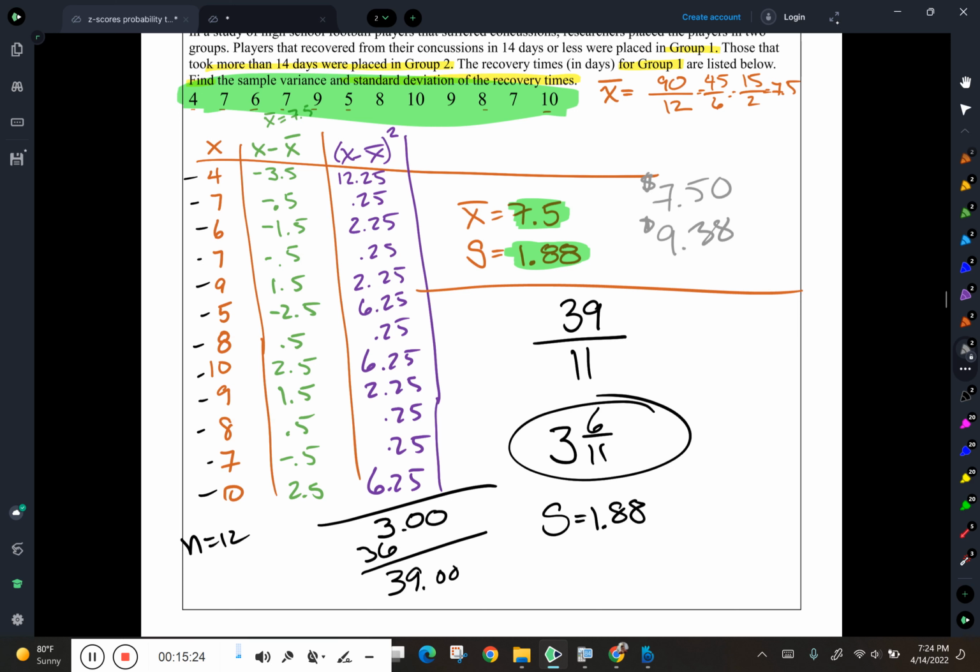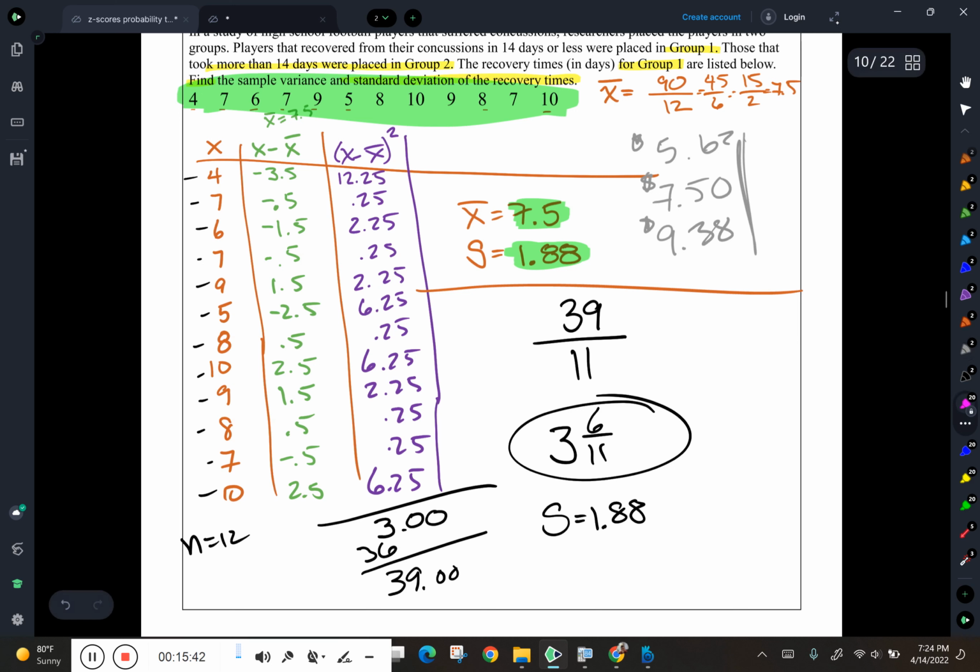Or it could be $1.88 below. So what would that be, like 5 and change? $5.62 or something like that.